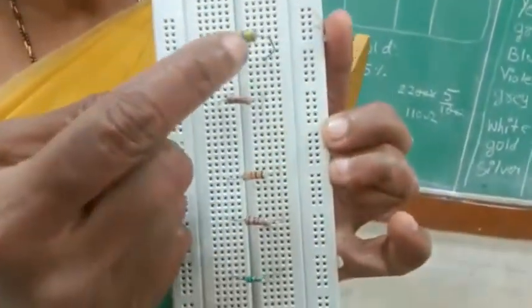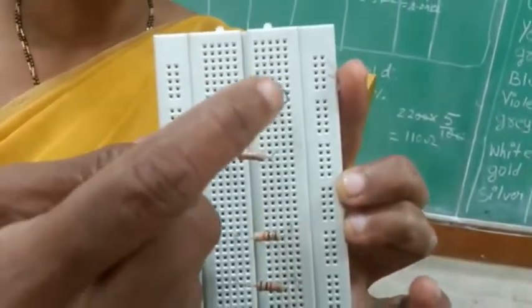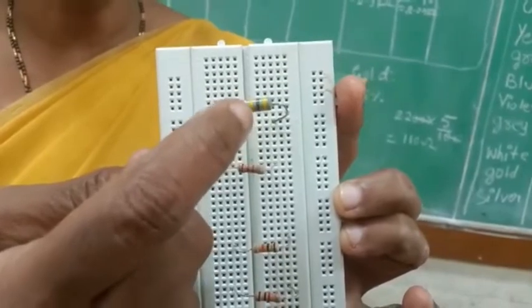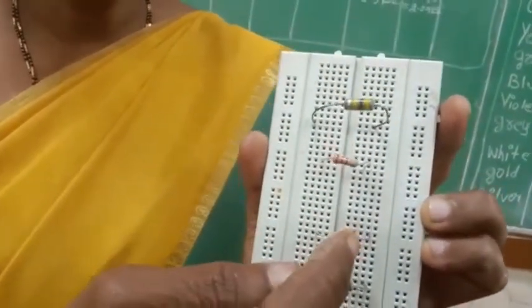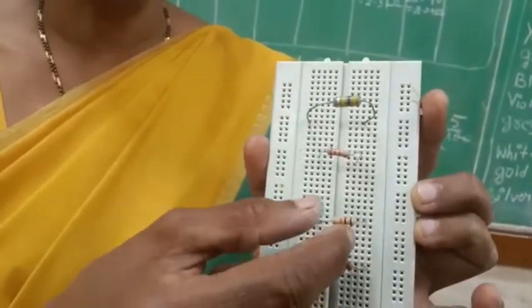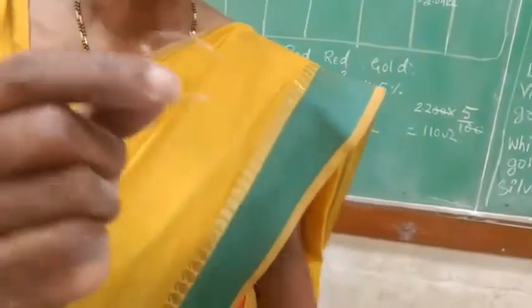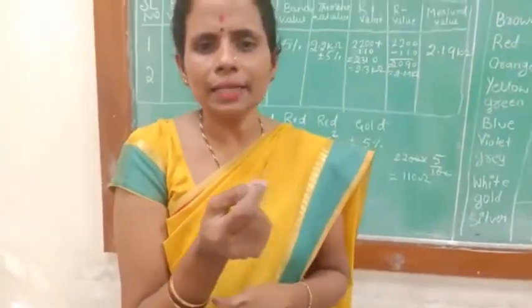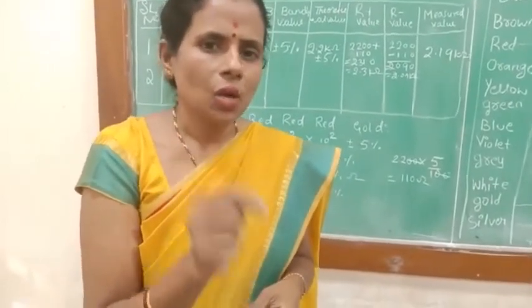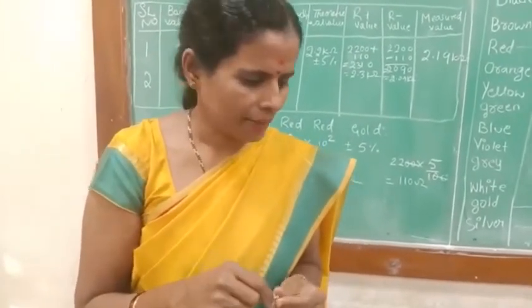This one has the silver band: yellow, violet, yellow, silver, and another one we have is brown, black, orange, silver. So I will now take the second resistor which has the silver band, so that you should know how to calculate the tolerance value of 10% for the silver band. Okay. Now let me write the colors.